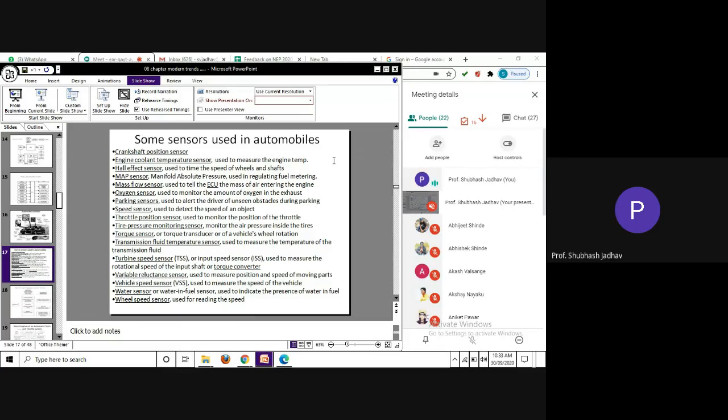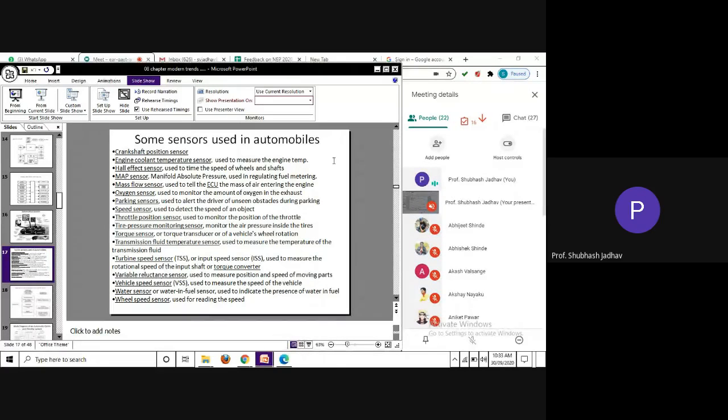If it is in a cruising mode, it will supply a lean mixture. If it is in a starting mode, it will supply a rich mixture. And for that, what is required? Somehow it has to come to know whether you have just started the engine or not.